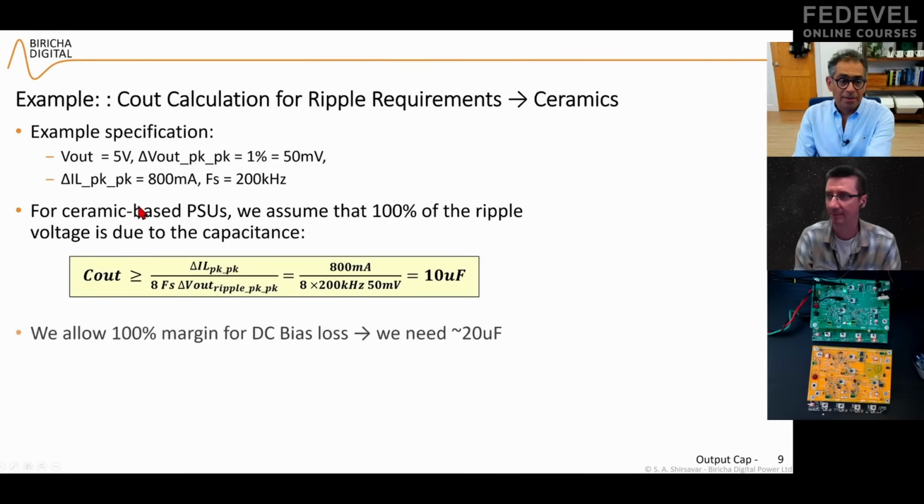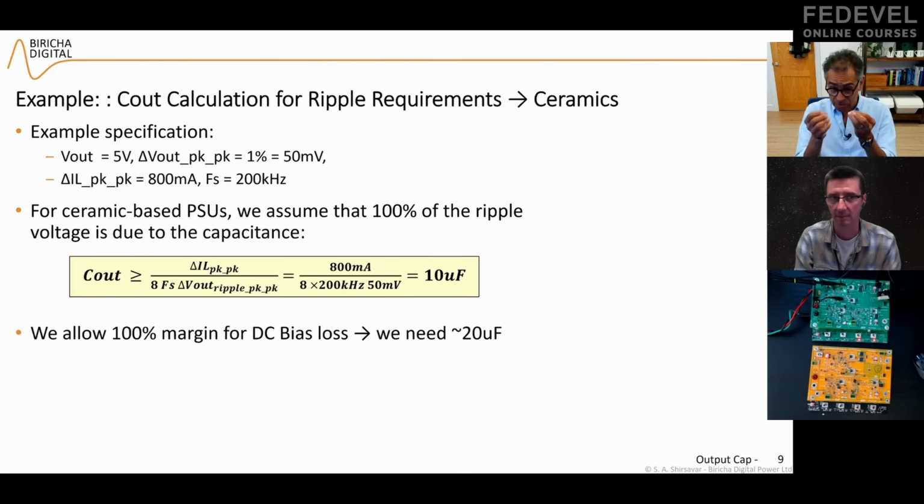Yeah. And then remember that we're using ceramic capacitors now. We need to allow some margin for the DC bias loss, because the capacitance falls quite a lot with ceramic capacitors of high value. If you put a lot of DC voltage across them, allow 100% margin. So we calculated 10 microfarads.